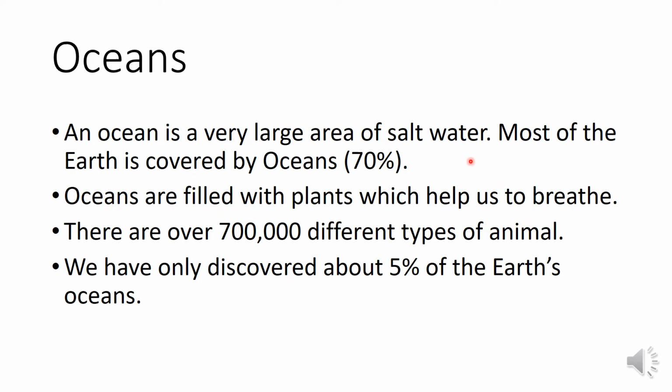Now, you might know that plants and trees give us something called oxygen, which is really important to help us breathe and live. Now, there are over 700,000 different types of animals in the oceans, and we have only discovered about 5%, so that's not very much at all, of the Earth's ocean. So there's still a lot more to find.